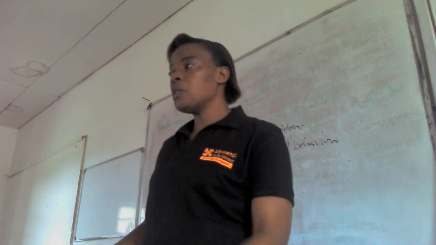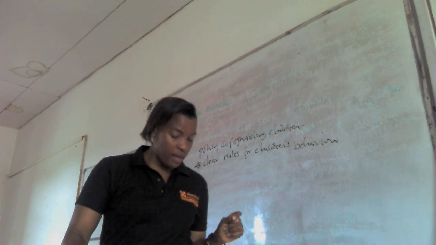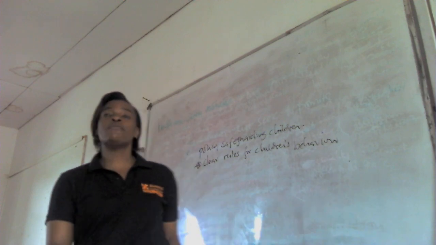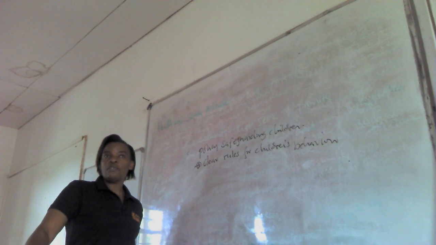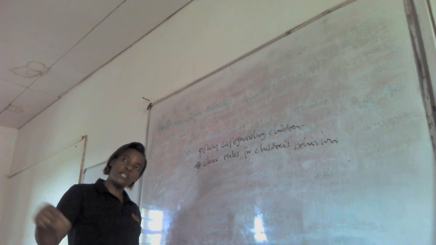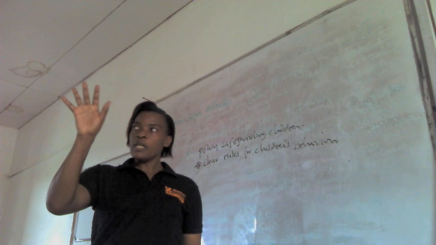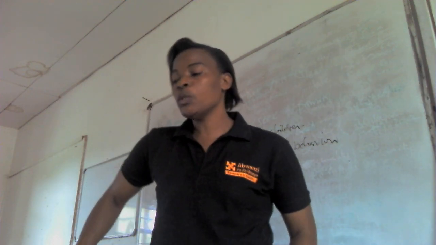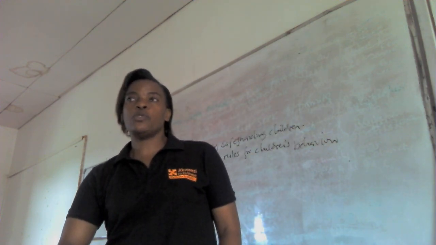So children are supposed to be told clearly how they are expected to behave, because otherwise children can harm fellow children. There are other children that are bullies, and if a child is a bully, it is not going to be safe or healthy for someone else to be learning within the same environment. So policies in all child care centers should include a clear rule on how the child is supposed to behave.